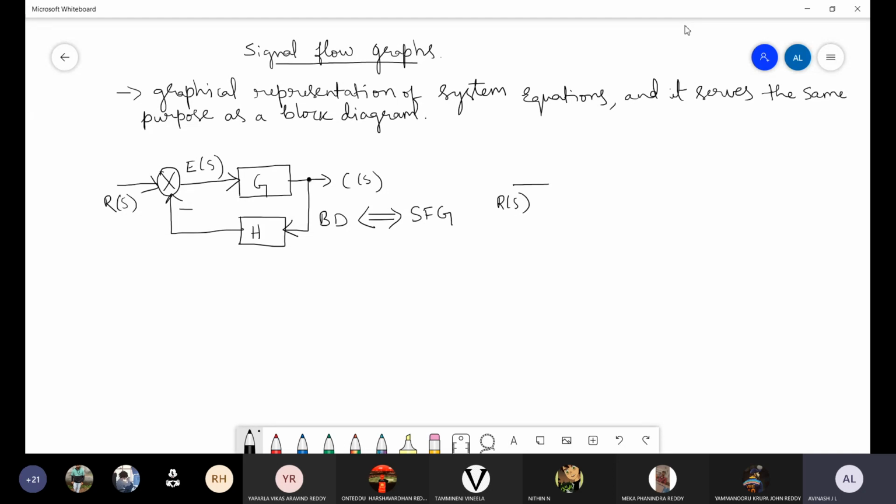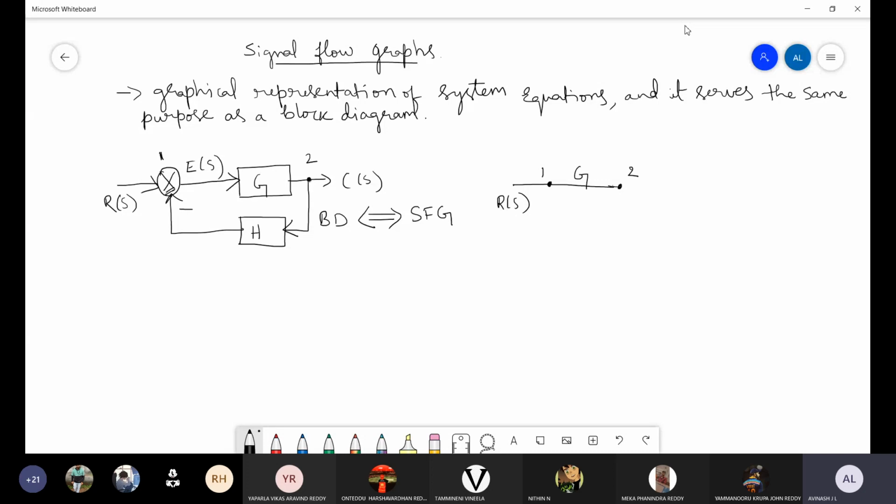This one acts as one node and this one acts as another node. I will make these nodes in the signal flow graph. I'll write this as 1 and this as 2 so that you can get a clear idea. Wherever the G is there, instead of a block, I'll write it as a branch. So G is the branch.